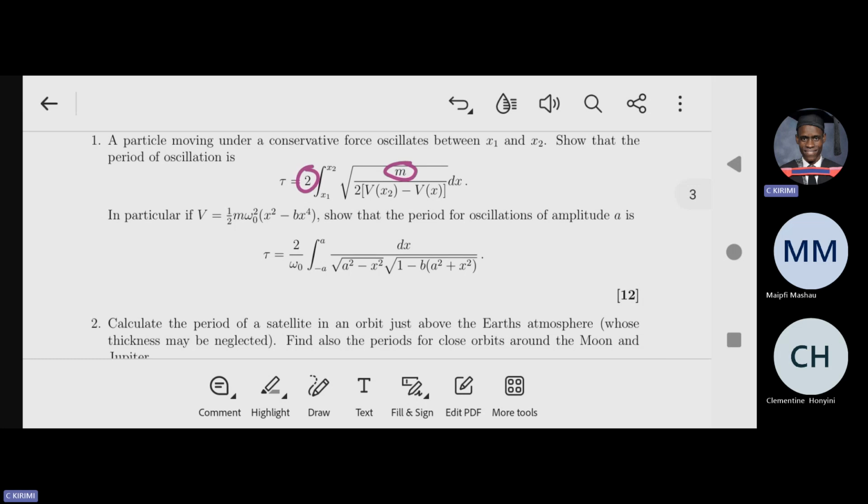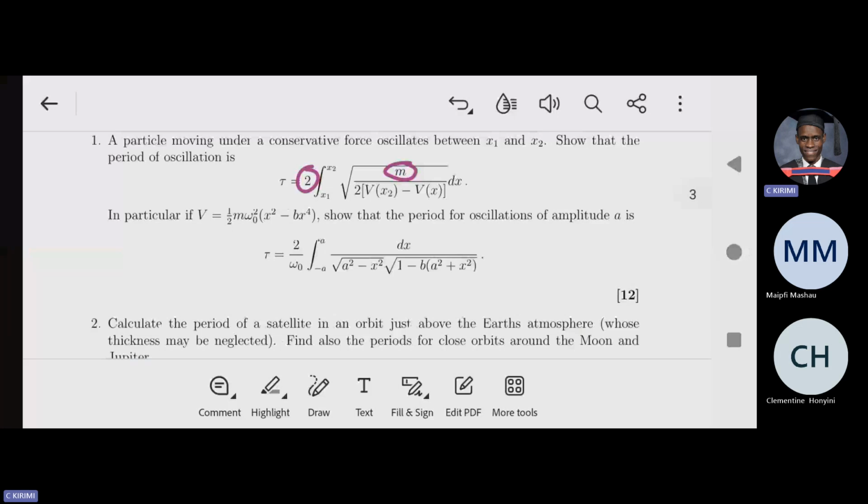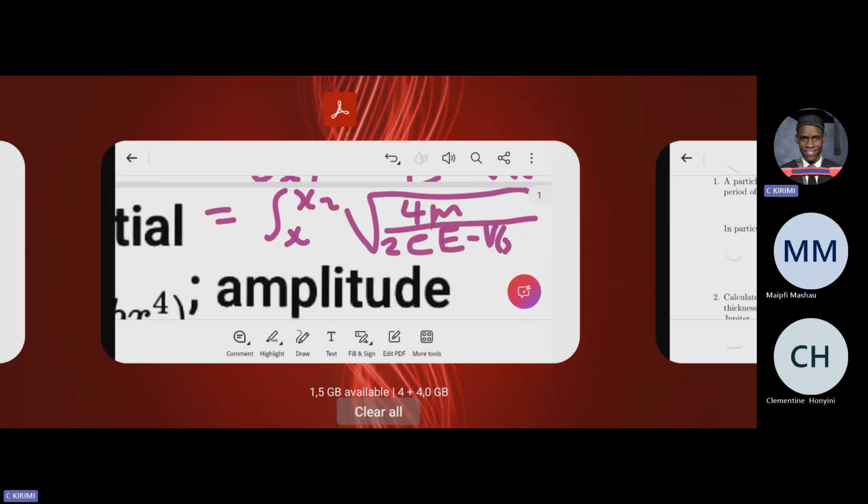So now we are going to the second part. In particular, if that V is given by that equation. So already we have shown that the period for the oscillation amplitude A is given by that. Now we are using that equation that you are already having. Show that time is equals to that. So we are starting from the equation that we are given.